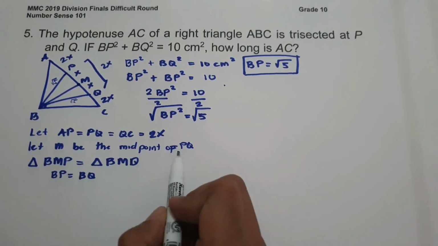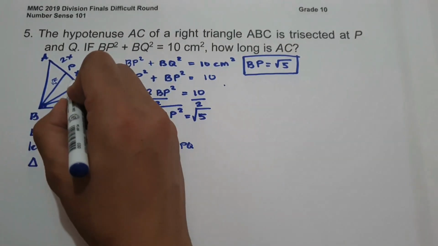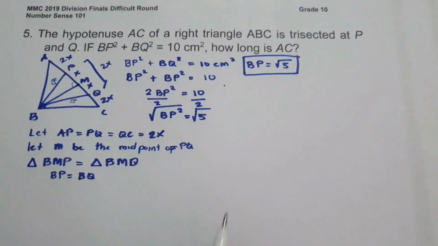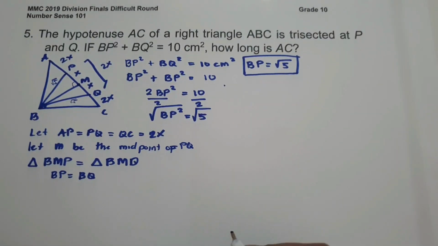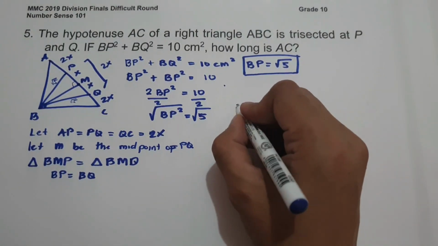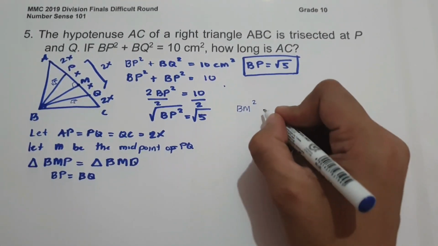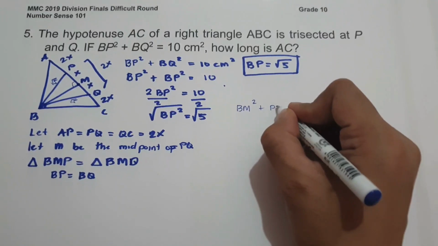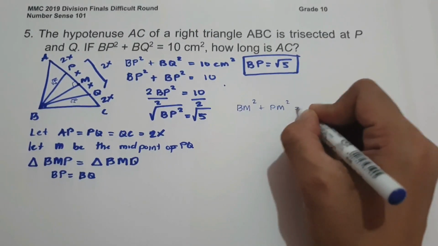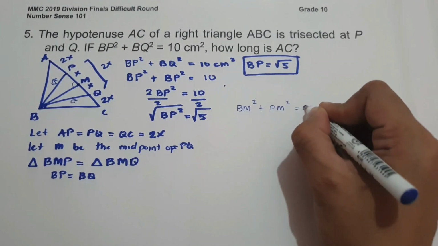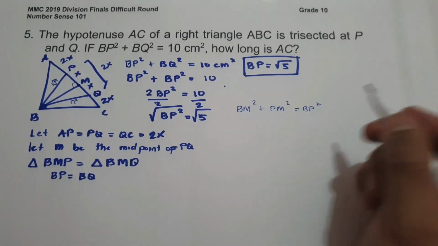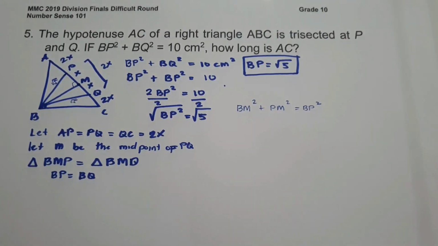Since M is the midpoint of PQ, therefore we are going to form a right triangle. So therefore, let us have BM squared plus PM squared equals BP squared. We are going to use Pythagorean theorem.